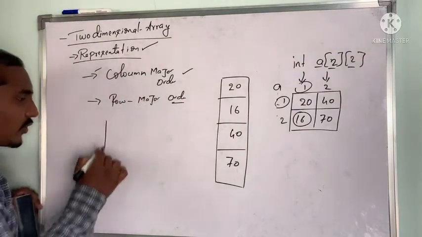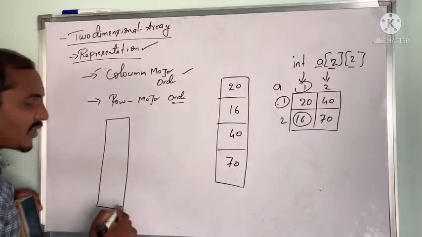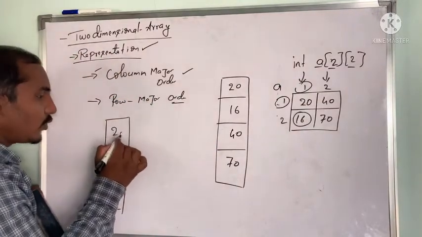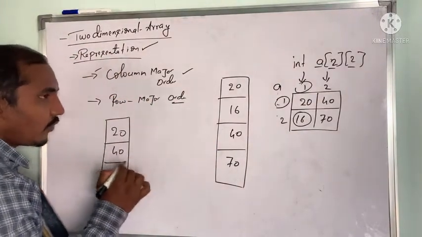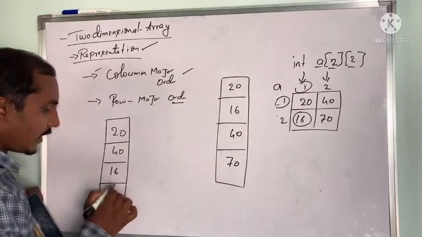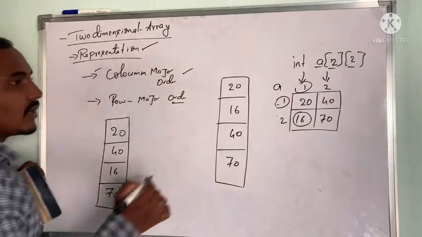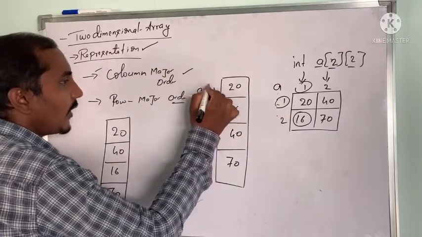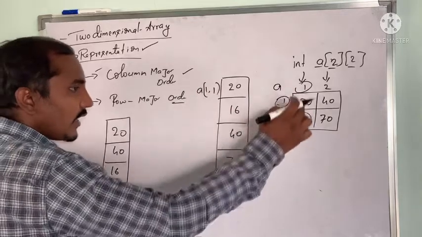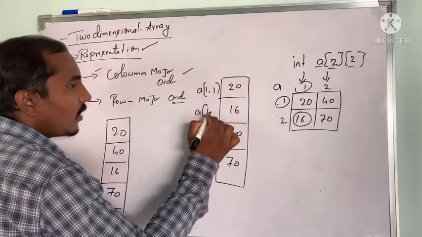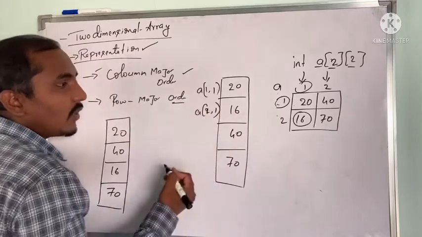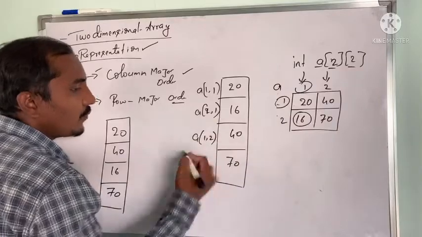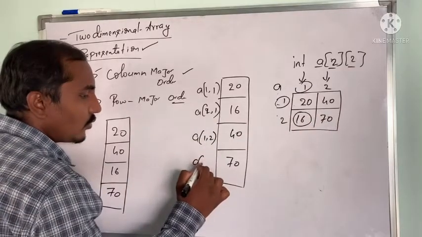The same thing if you are using row major order: it is going to store row by row. So I am going to get 20, then 40, then 16, and it will be followed by 70. In column major order, first A of 1, 1, second A of 2, 1, next A of 1, 2, and this is A of 2, 2.